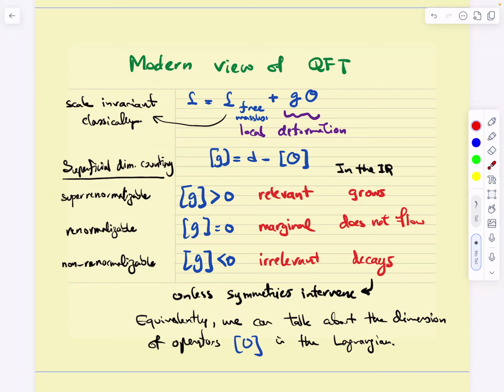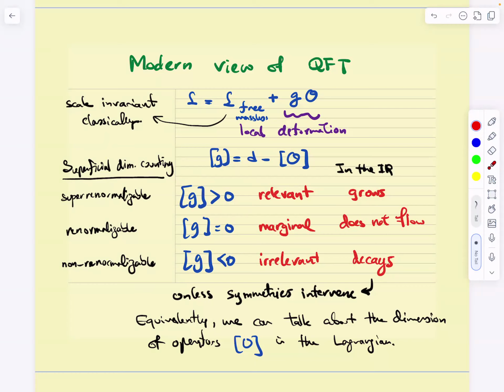So let's think about this a little bit. When G has positive dimension, when G is relevant, it grows in the infrared, which means that in the UV it is small. It decays in the UV, and as you go deep in the UV, these terms are suppressed. When we are doing calculations with Feynman diagrams and loops, they will not give us a hard time.